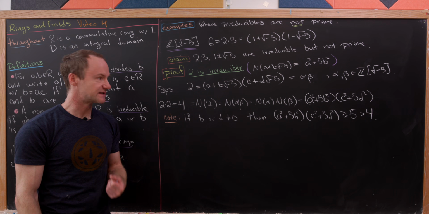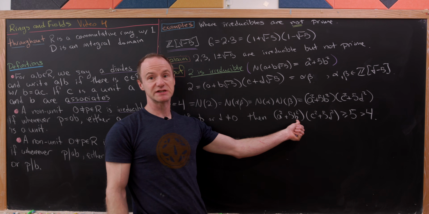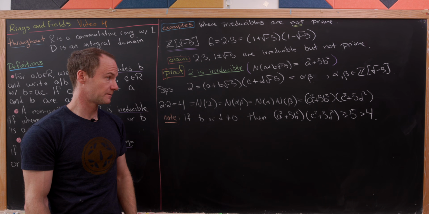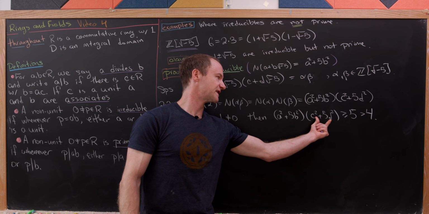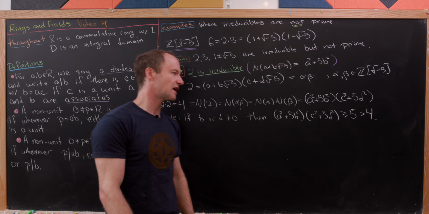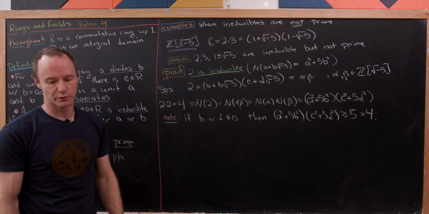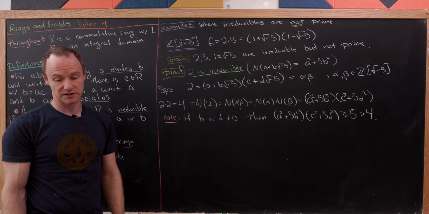Well, if they're non-zero, then kind of obviously we're going to have at least 1 here for the b squared, or at least 1 there for the d squared. But then that means that this number is either bigger than or equal to 5, or this number is also bigger than or equal to 5. But here we're multiplying two non-zero numbers. One of them is bigger than or equal to 5. That means that the whole thing is bigger than or equal to 5, keeping in mind that we're in the positive integers in this equation.